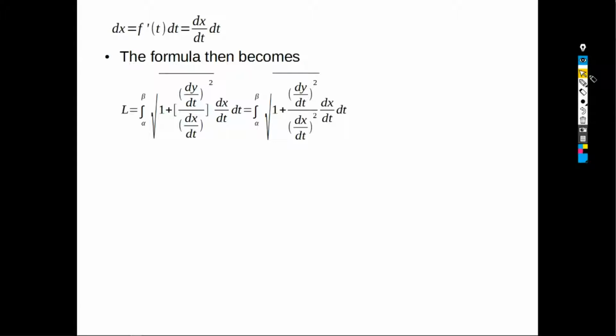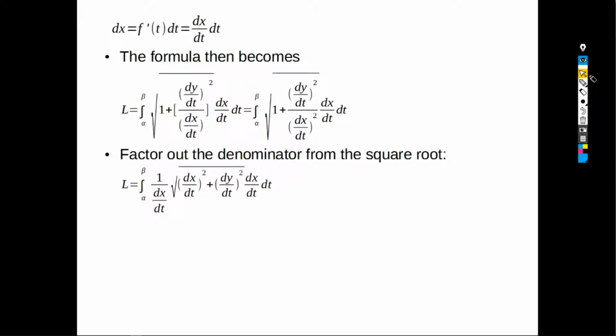You also need to know that dx equals f prime dt, which is equal to dx over dt dt. The formula then becomes the integral from alpha to beta of the square root of 1 plus (dy over dt) squared divided by (dx over dt) squared, with dx/dt outside the square root, dt.